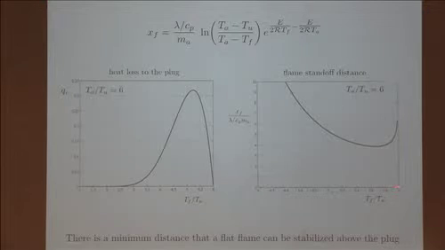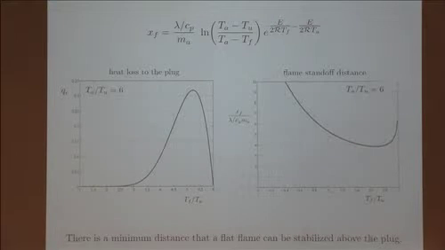As you approach 6, the flame temperature asymptotes to Ta, and the position goes to infinity. As you reduce the temperature from the adiabatic, the flame gets closer and closer to the burner. It reaches a minimum distance, and then the only possible solution is that it moves away.